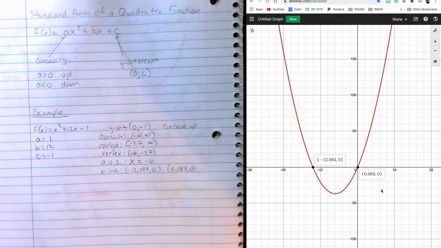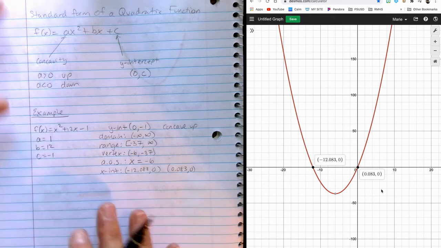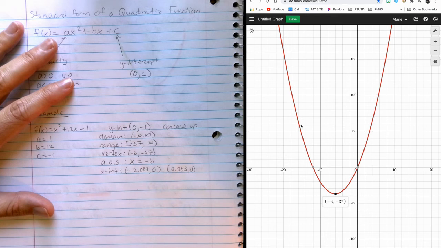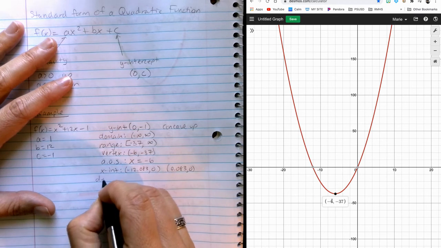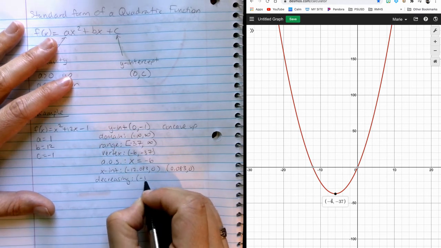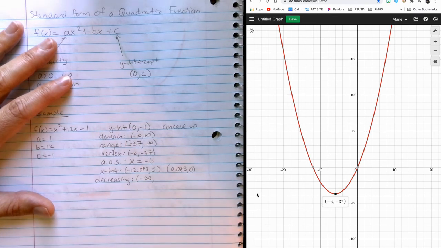Last but not least, let's talk about increasing or decreasing. When we look at our picture, we can see that to the left side of my vertex, my quadratic is decreasing. So I'm approaching from negative infinity all the way to -6.